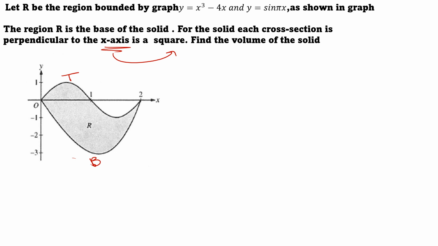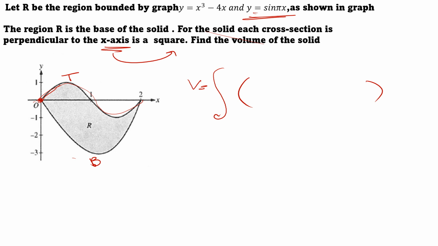Top seems to me to be y equals sine pi x, because I know that the sine graph is a kind of wave which starts from 0. Anyway, if I am wrong, then what do I do? I will write one of the equations, and if I get a negative answer, then I will interchange the places of the equations.